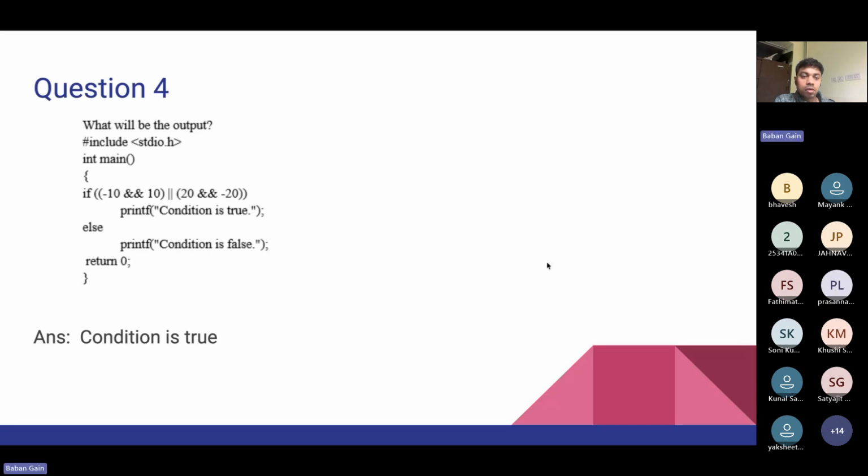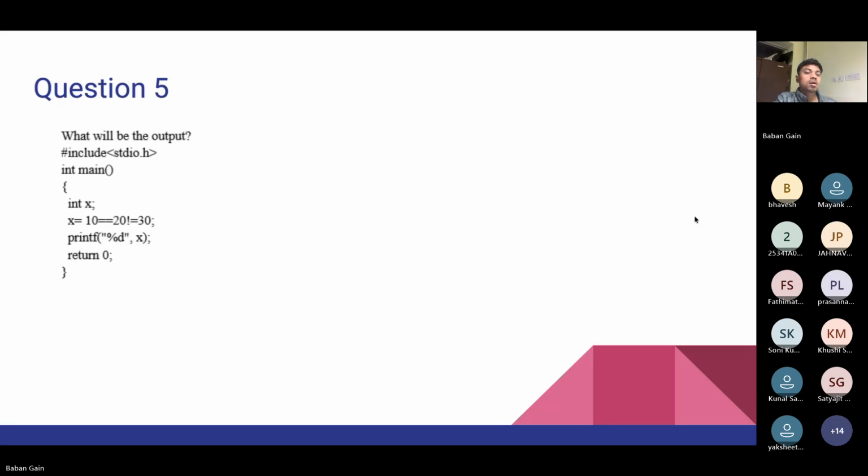Okay, so let me go to the next question then. There are some equal to operations and some not equal to operations, and you have to figure out the sequence and then tell me the output.